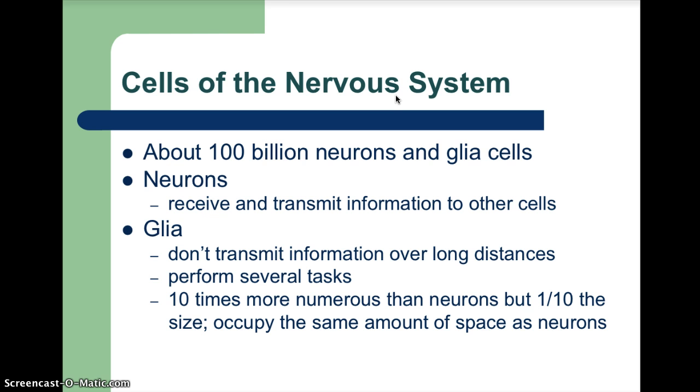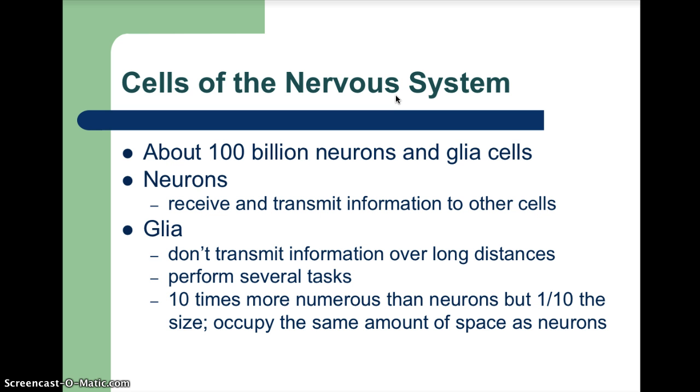We have a huge number of these neurons, and they make trillions of connections, and that communication process. The main thing that neurons do is they take information they receive, and then they transmit information to other cells.